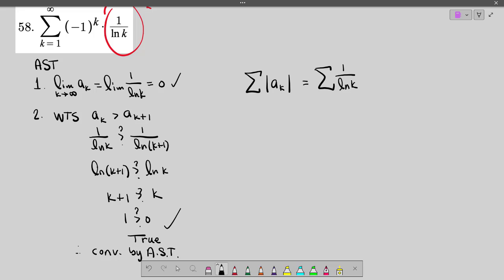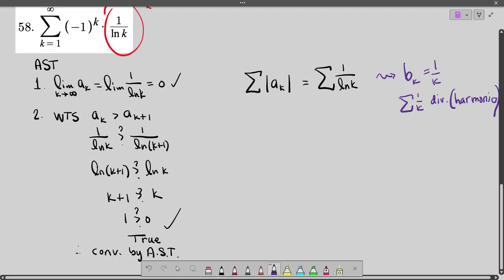Remember, a p-series is going to converge if the power on the k is greater than 1. So this denominator is going to infinity even slower than k, so it's definitely going to diverge. And what we did when we showed this was to choose b sub k to be 1 over k. And we know that 1 over k diverges because it's harmonic.